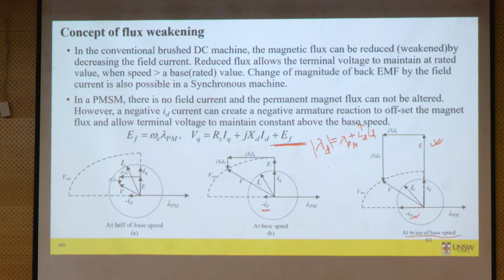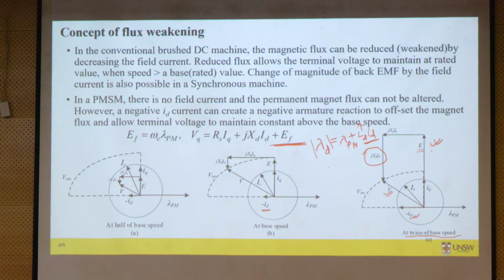So this term has increased, and increase of this term also means that this reactive drop increases, right, which is in the opposite direction of your EMF. So the resultant voltage is EMF and the reactive drop together, right? So your terminal voltage will reduce, okay.